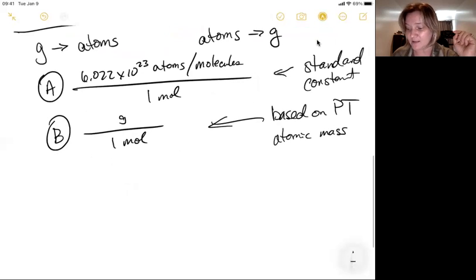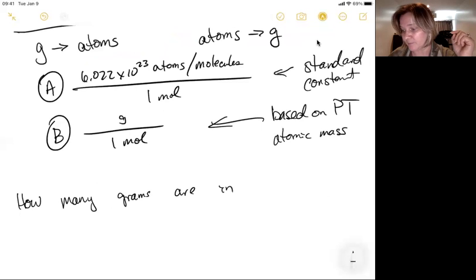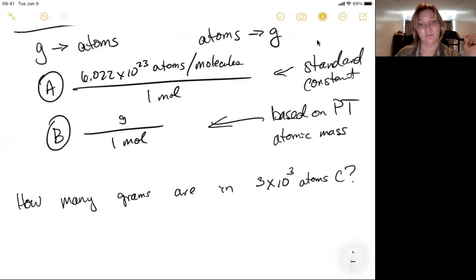So what happens if I ask how many grams are in 3 times 10 to the power 3 atoms of carbon?